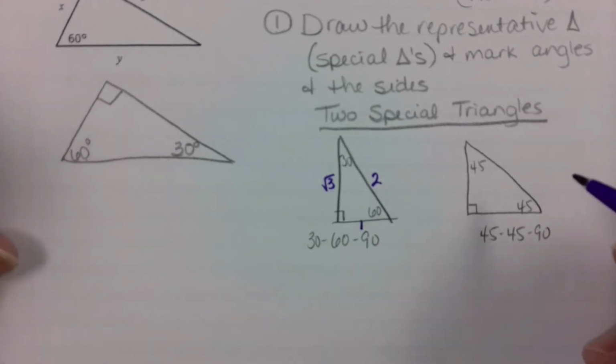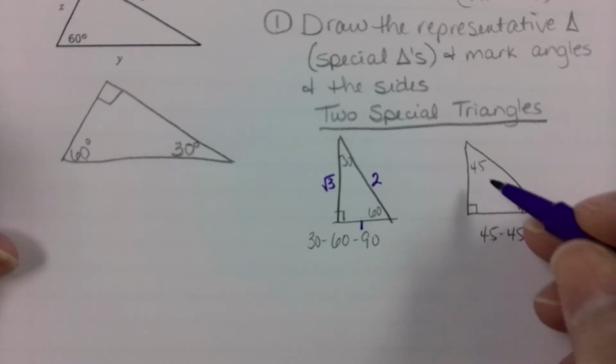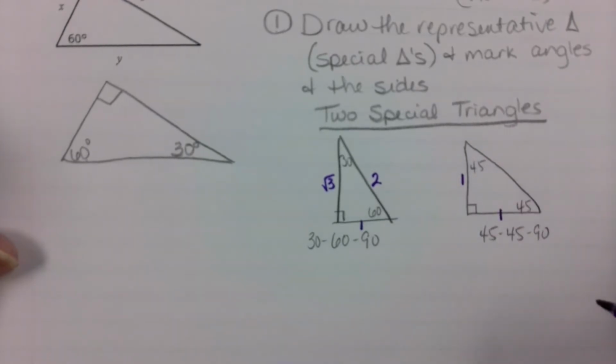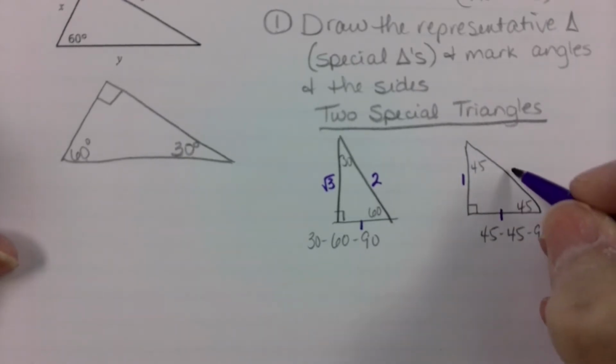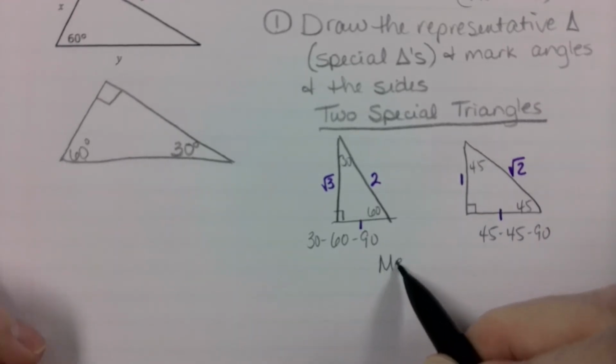And in the 45, 45, 90 triangle, the sides across from 45, of course, are going to be the same, right? They're both 1s. And the hypotenuse is the square root of 2. And you have to memorize this.